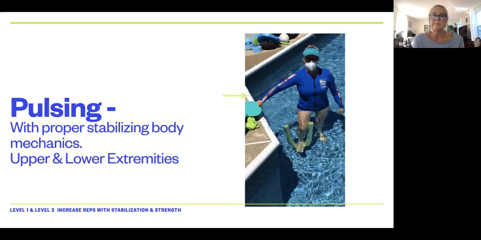So somebody who has lateral stenosis or any kind of impingement, it might feel really good in the water exercising like that, but later on they might have a lot of increased nerve pain. So the goal is being able to stabilize the core while you do flexion, extension movements. So this is both level 1 and level 2. And then here, as they're stable, you're going to increase the reps. With increased stabilization and strength, you'll increase the reps.